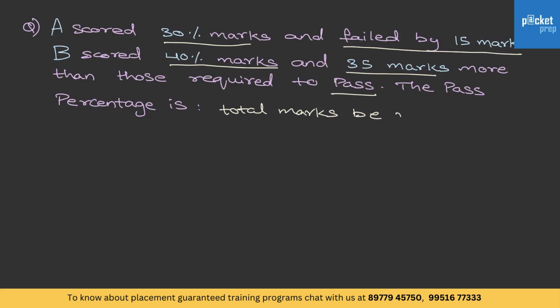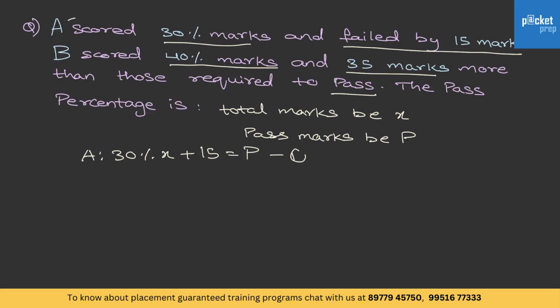Let total marks be X. And given A scored 30% marks and failed by 15 marks. Let the pass marks be P. So if we consider case A, he got 30% of total marks and 15 less than pass marks. That is, A's marks plus 15 gives us pass marks.